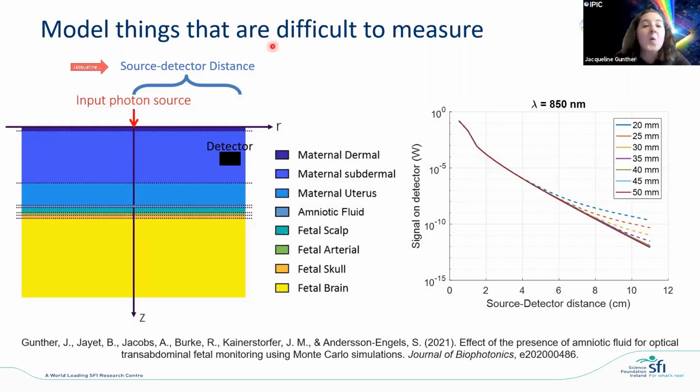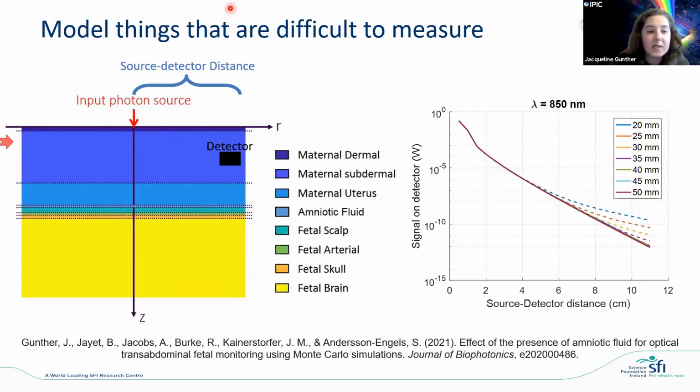But anyway, another thing that you could do is model things that are difficult to measure. So in this particular paper, we were modeling how much light would get to a fetus that was still in utero. This is just a sample of how the model is structured.